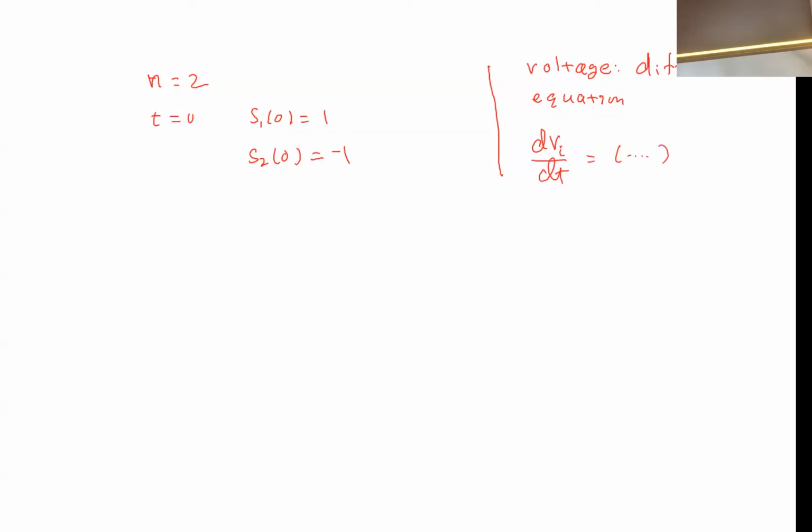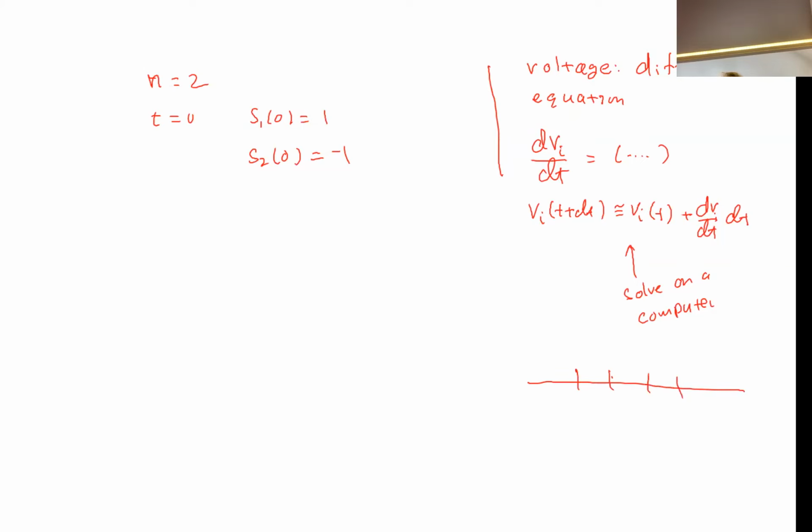But if you solve that on a computer, you actually have to discretize. You would write v_i of t plus dt equals v_i of t plus dv/dt times dt. So basically this is the t-axis, this is t plus dt, t plus 2 dt, and so on.